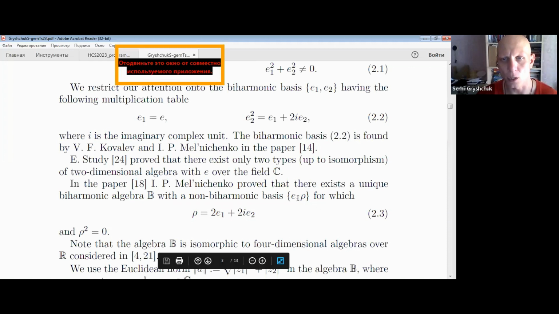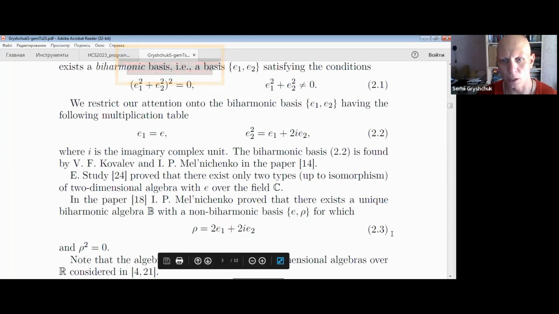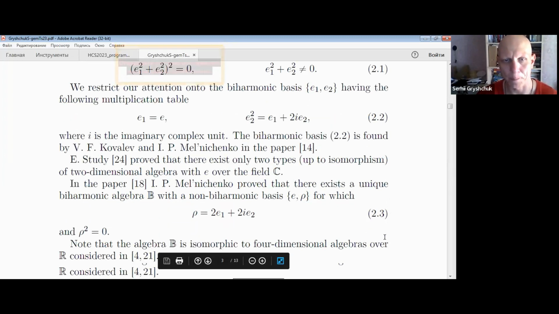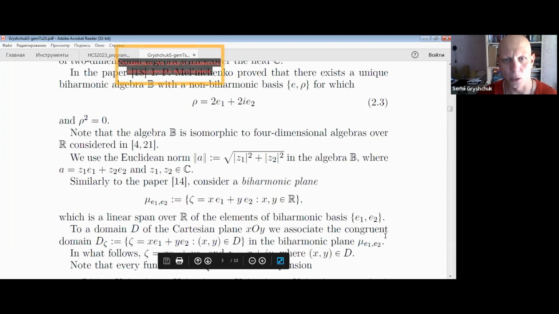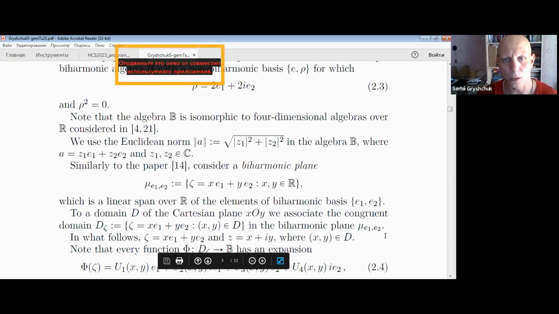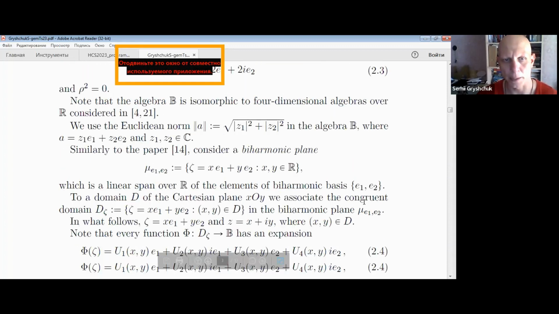E is the unit of the algebra, rho is a nilpotent element, and it connects with the biharmonic basis 2.2 by the relations 2.3. Consider the Euclidean norm, and also consider a biharmonic plane, which is a linear span of the biharmonic basis 2.2 over real numbers.